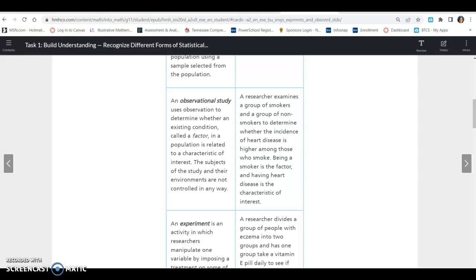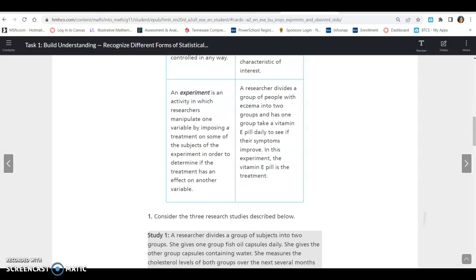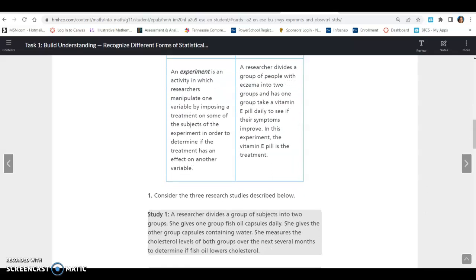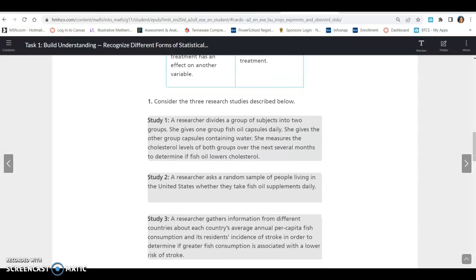The subjects of the study and their environments are not controlled in any way. And the third one, an experiment, is an activity in which researchers manipulate one variable by imposing a treatment on some of the subjects of the experiment in order to determine if the treatment has an effect on another variable.